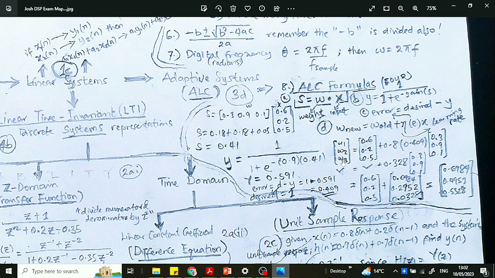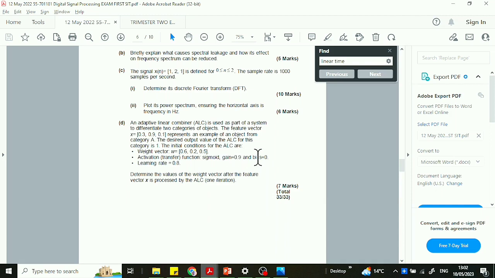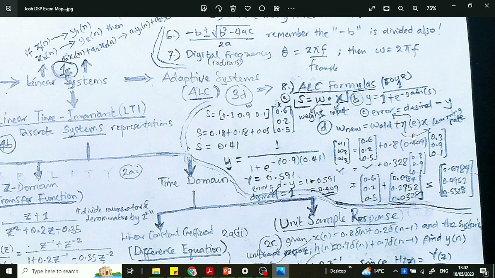W new, you don't know it. W1, 2, 3. This W old, you're given that already. That is this. Then plus 0.8. Where is that coming from? 0.8 is the learning rate. It's given there already. Then 0.49 is E. What is E? Error. What is your X? X is this. It's transposed.